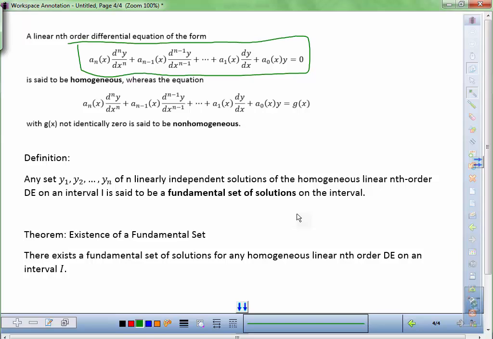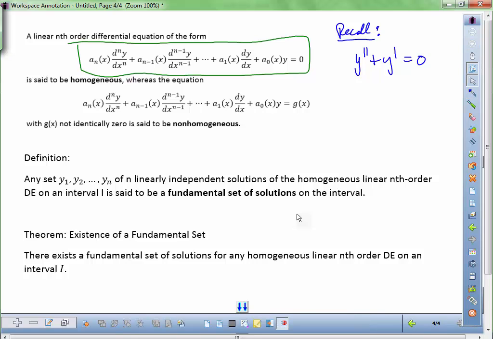Maybe I'll do a recall here. y double prime plus y is equal to 0 was an example that we looked at. This is a second order linear differential equation, homogeneous. And then I said, well, we found one solution that worked. I think it was sine. Is it sine that worked? Sine x.